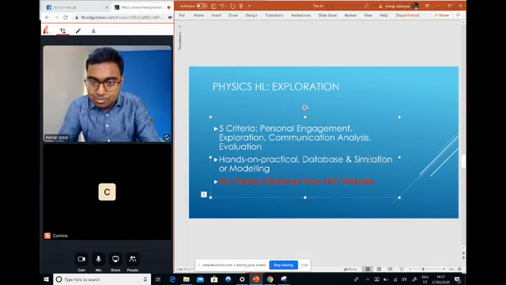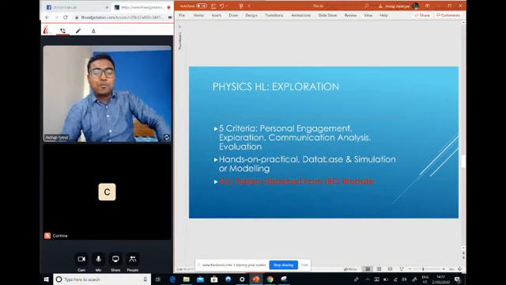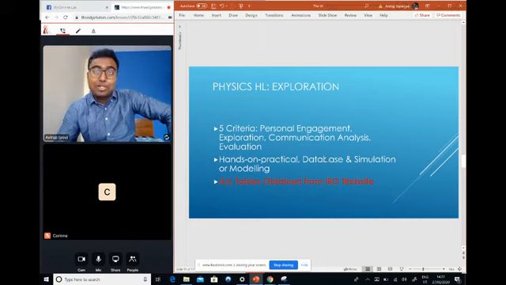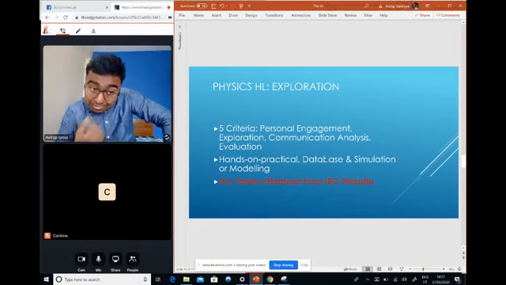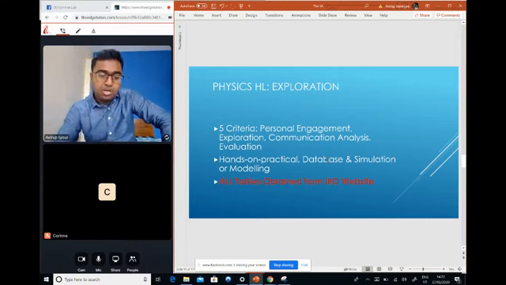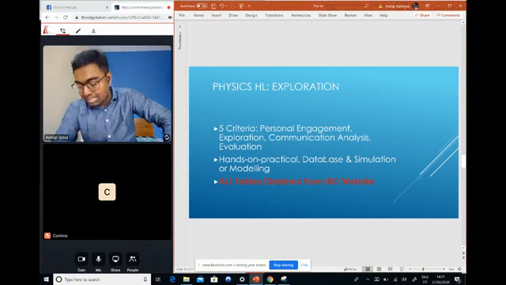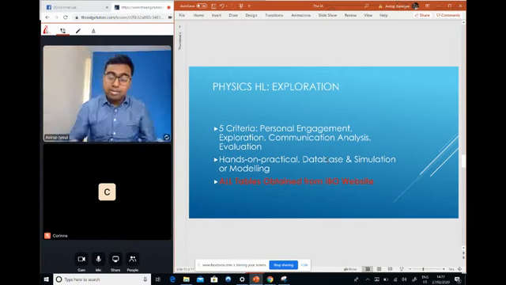Ooh, this is embarrassing. Simulation. Yeah. Okay. So the physics exploration used to be that you do a lab in class and then you write a lab report. There is still an important element of note taking, data collecting and data reporting, but it's a lot more independent. It's up to you.